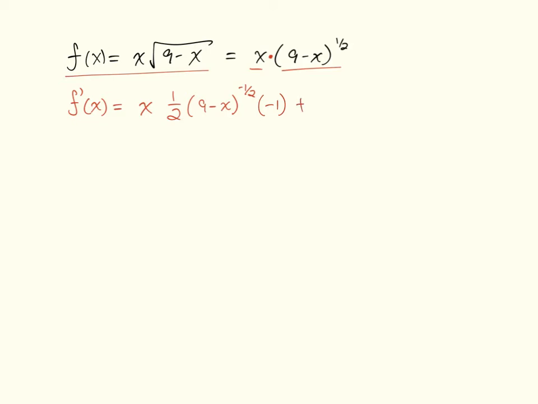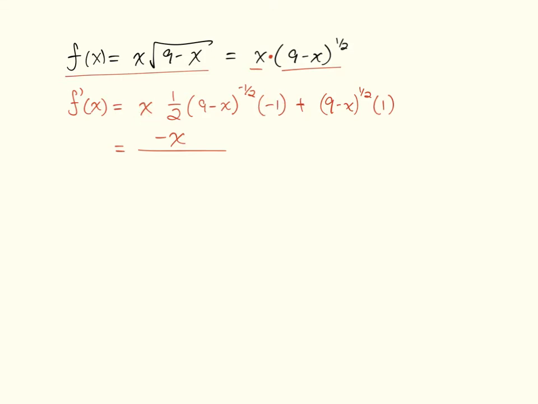To that we will add the second, that's (9 minus x) to the 1/2 power, times the derivative of the first, which remember is up here, is just x, that is 1. From here, to get something nicer to work with, I'm going to simplify this derivative a little bit. This will be -x in the numerator of this first term because of this x and this -1.